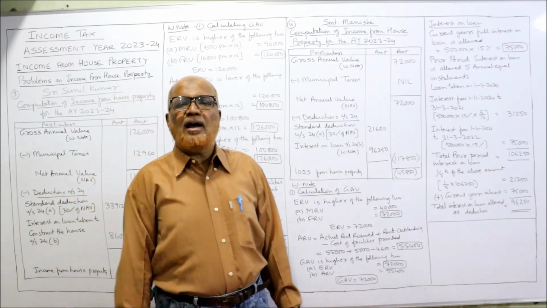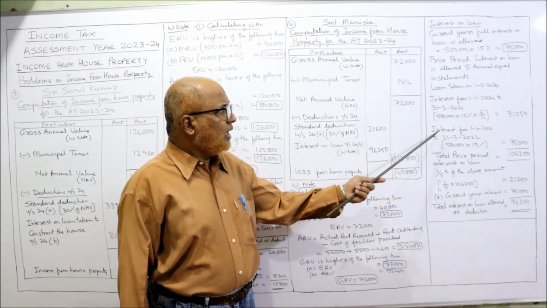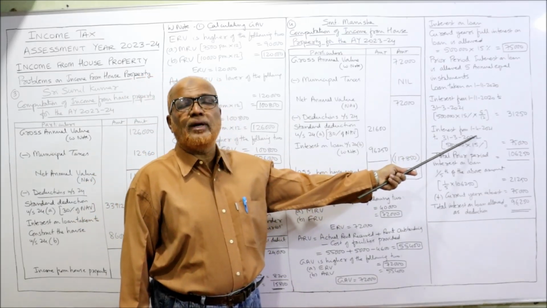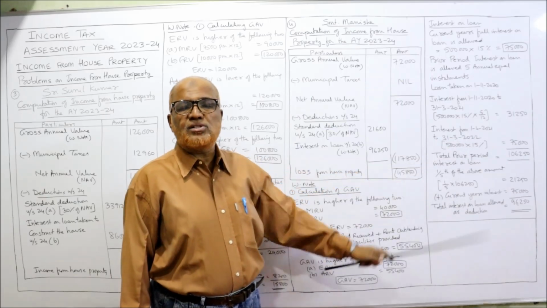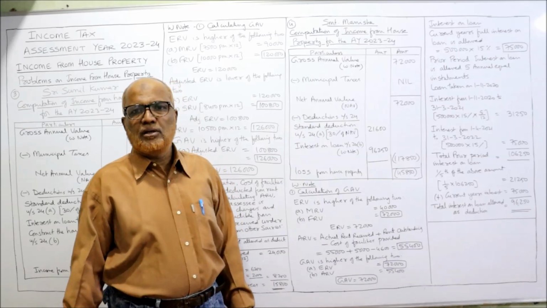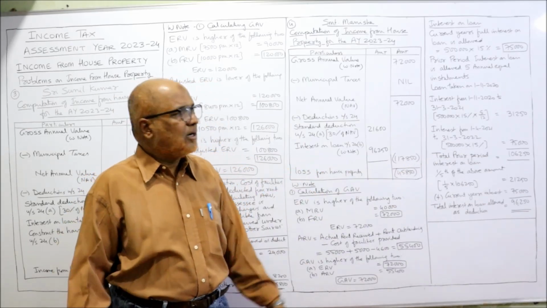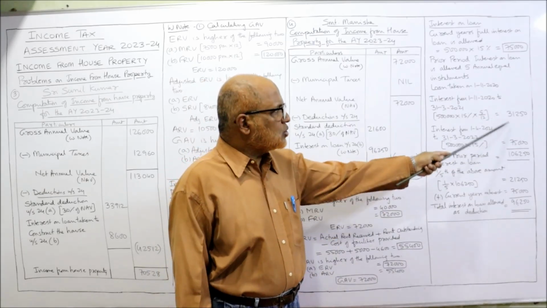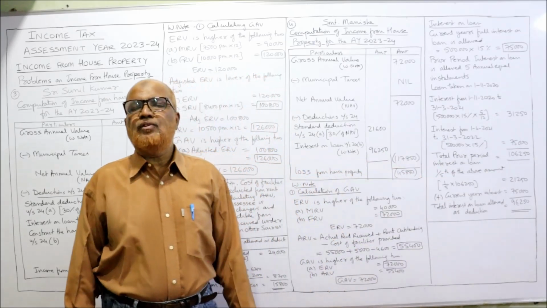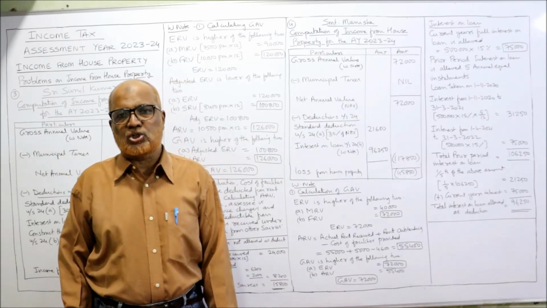Now the next year ends on 31st March 2022. Interest from 1st April 2021 to 31st March 2022 is full year interest, so 5 lakh into 15%, 75,000. Take the total: 1,06,250 is the total interest prior to the date of construction.